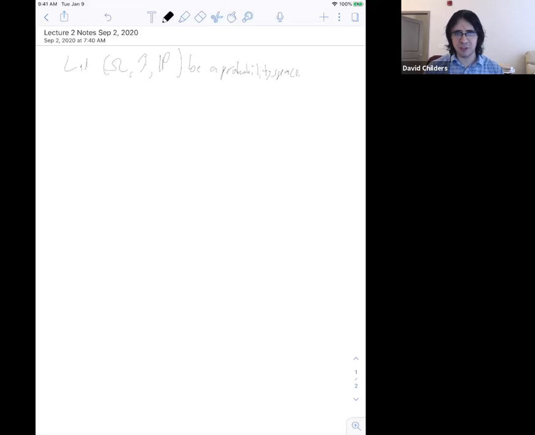Now, where we left off was we described what a probability space is. We mentioned that there's a set Ω, which is the space of possible things that can happen. And then there's a collection of sets known as the sigma field or the sigma algebra, which is all of the subsets of the collection of things that can happen that we can make statements about.